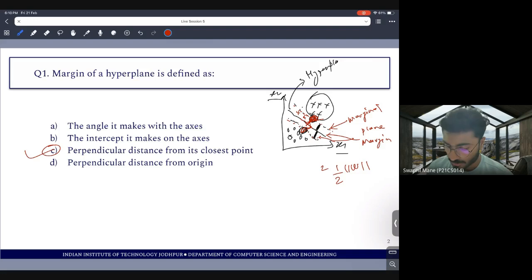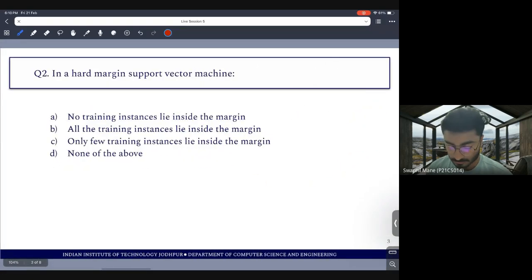Yeah, maybe let's move to another question. Yeah, so here the hard margin terminology comes into the picture. Here you can see the hard margin comes into the picture. Right.